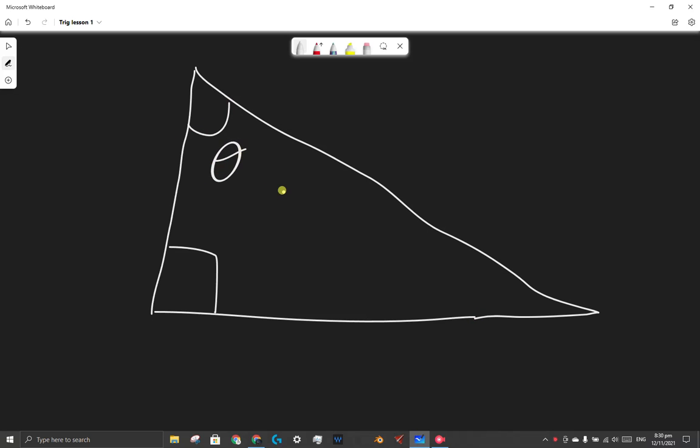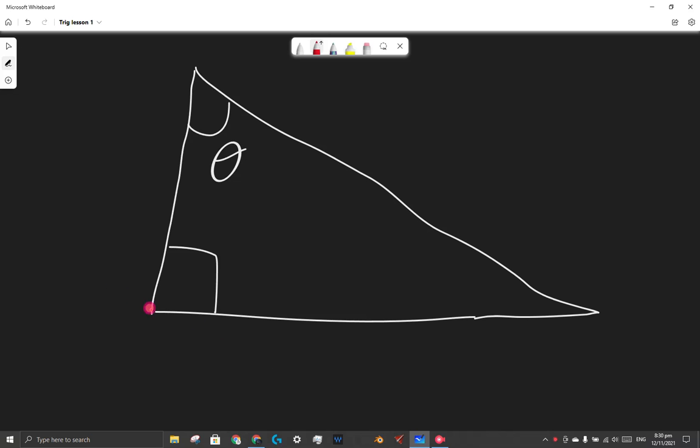It's pretty easy, this one here, but I'll let you solve it. Correctly label the sides of this right angle triangle, and then check if you're correct. I'll post up the answer.